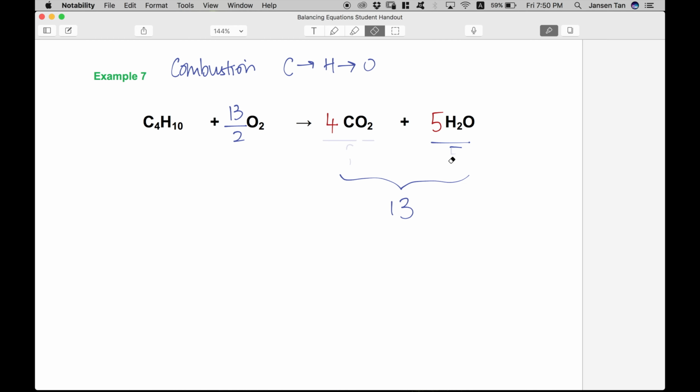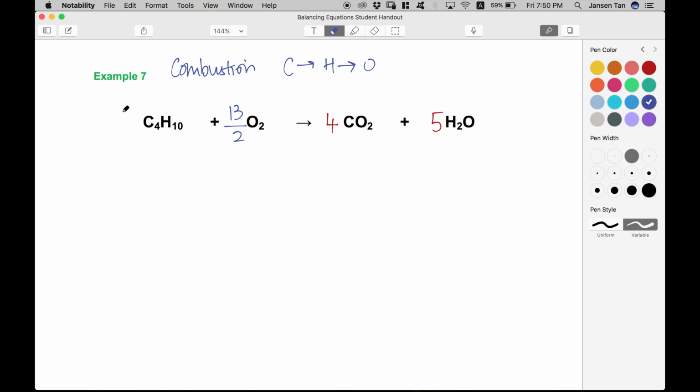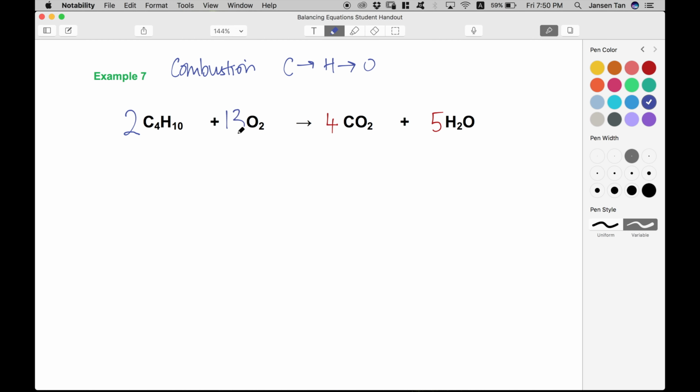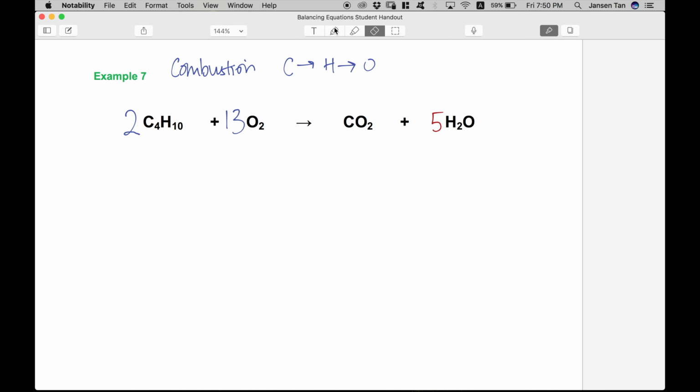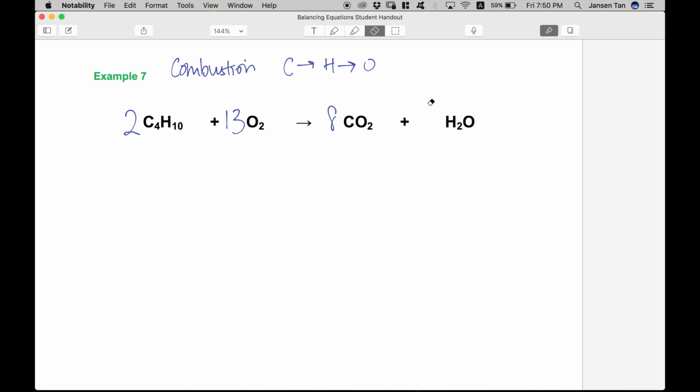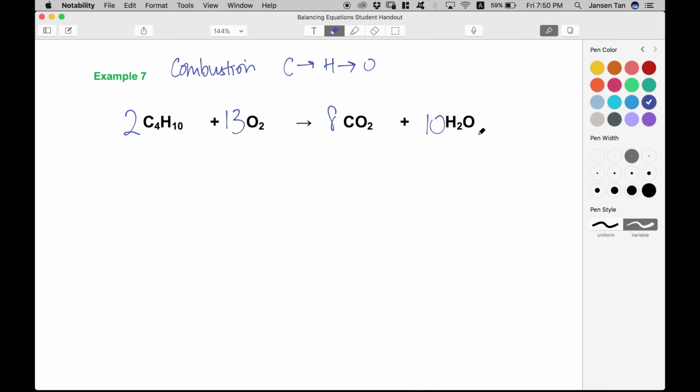So what we can do is to multiply by 2 throughout. So here 1 times 2 becomes 2, right? Here becomes 13. Here becomes 8, and here becomes 10. So you can see that fractions are especially useful when you are dealing with big numbers or coefficients when you balance equations.